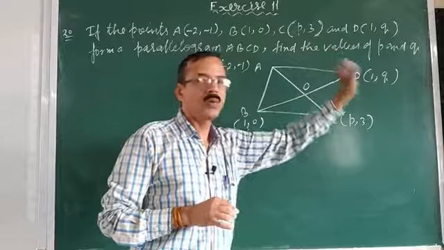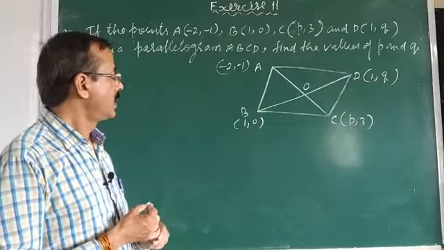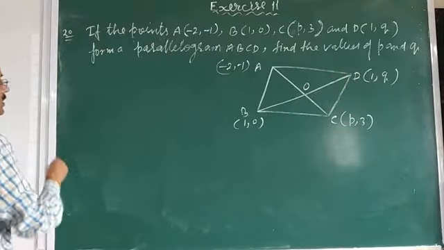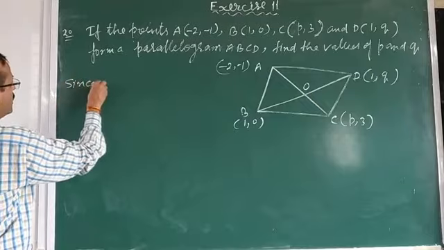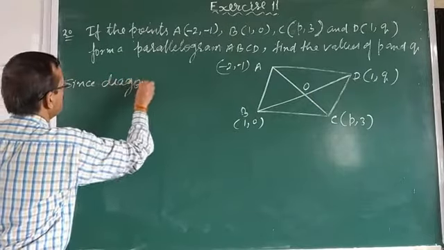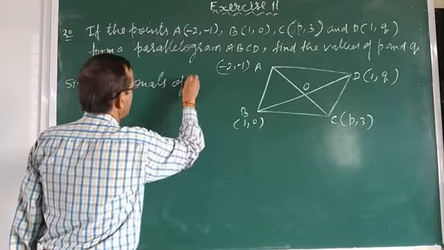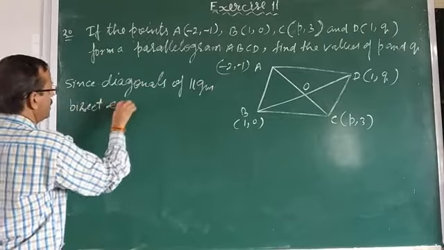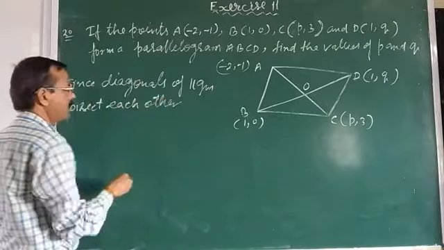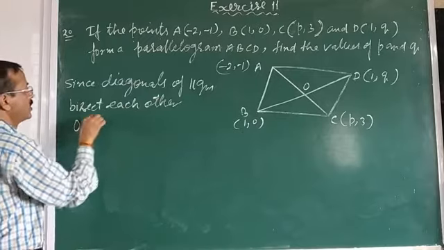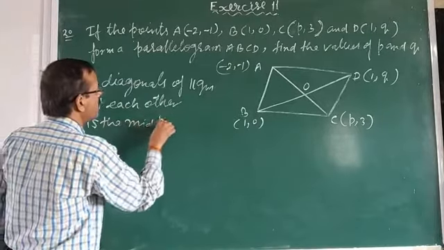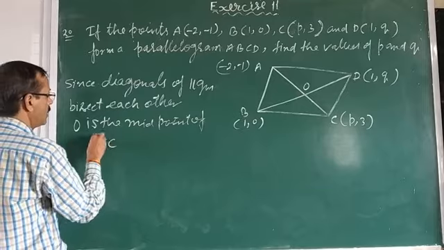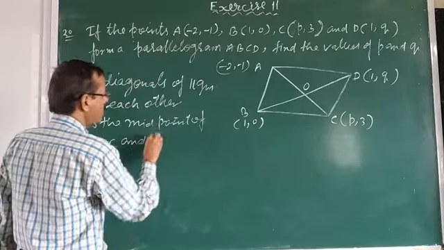Let's use both to find the midpoint. Write here first: since diagonals of a parallelogram bisect each other, therefore O is the midpoint of AC and BD.